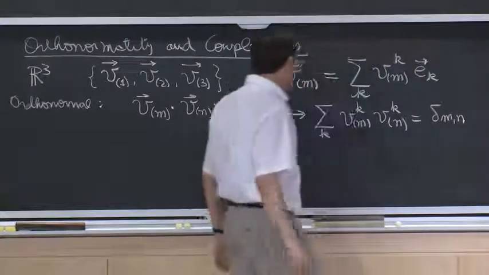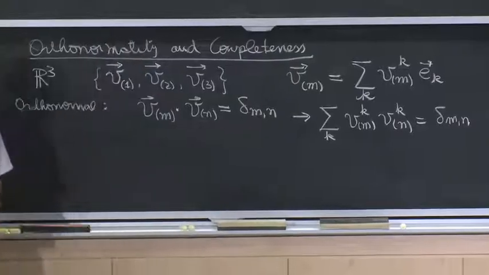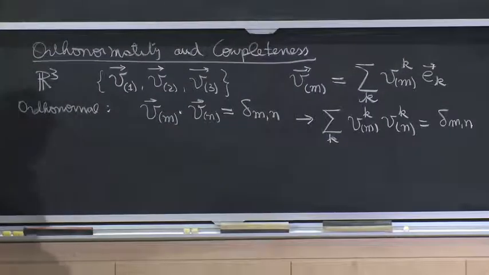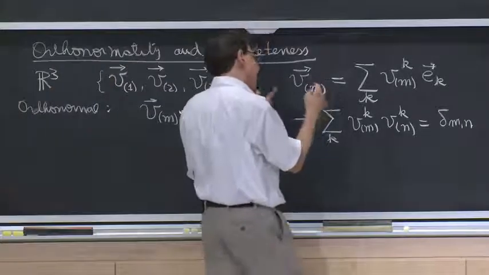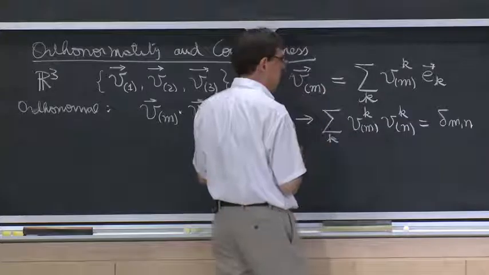So that's the equation written explicitly. Now I want to write this equation in a way that is understood as a matrix equation.